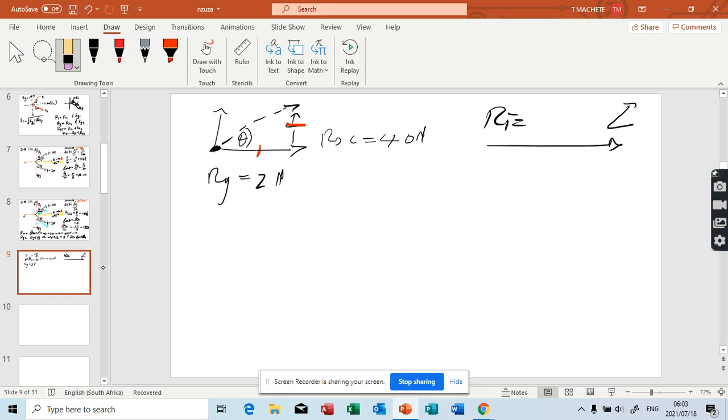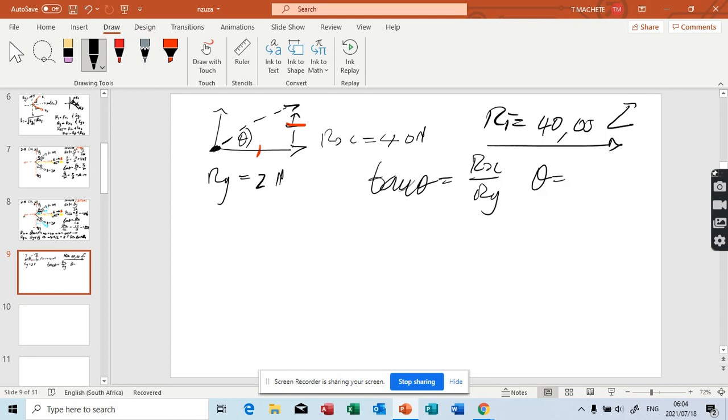And then here we have to square that. It's 2 squared plus 40 squared. Then I got 40.05. Okay, and then remember, tan theta equals opposite over adjacent. What is our opposite? Our opposite is Rx over Ry.